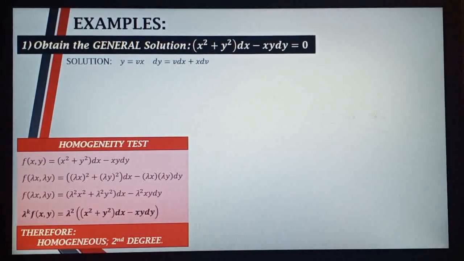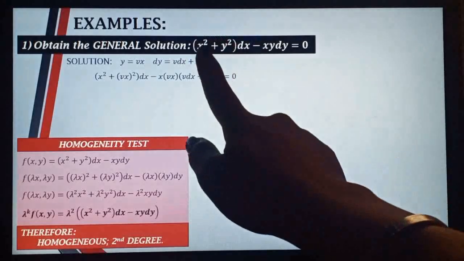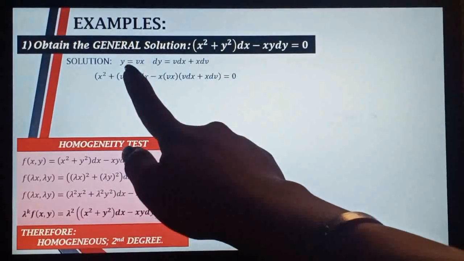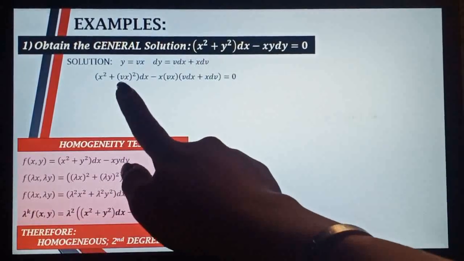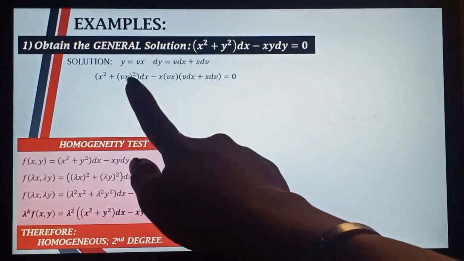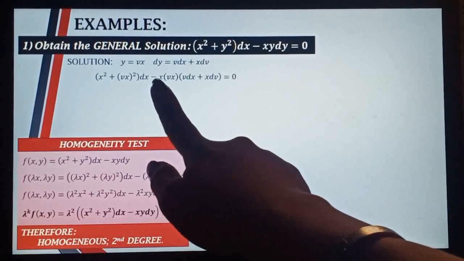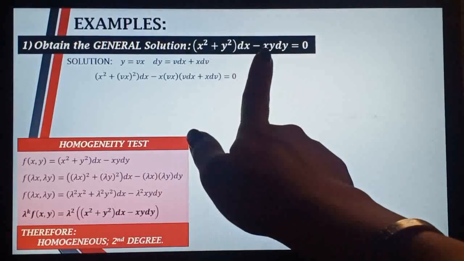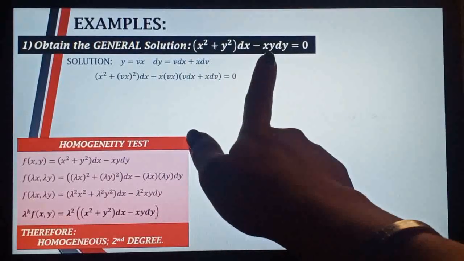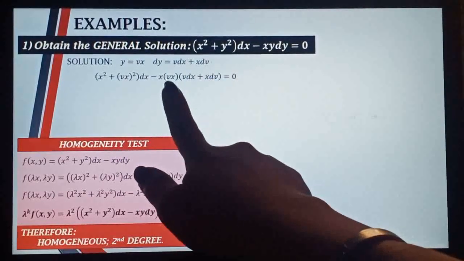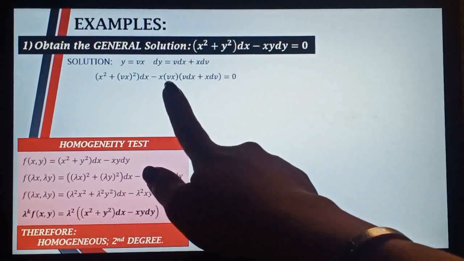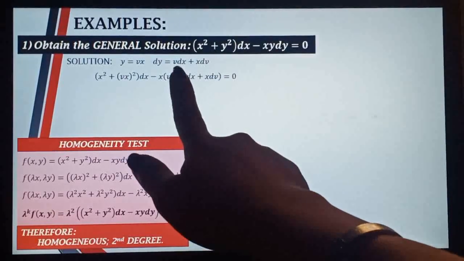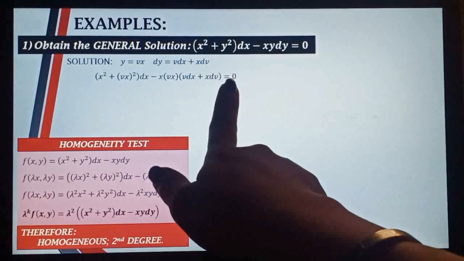You will now have the quantity of x squared, then substituting y to the y squared, you will have the quantity of vx squared multiplied to dx minus the x, then the y, which is the vx, so that's x vx multiplied to dy, which is the v dx plus x dv equated to 0.